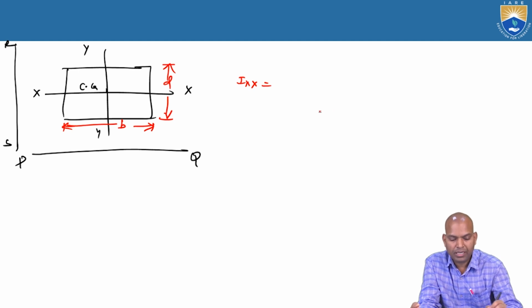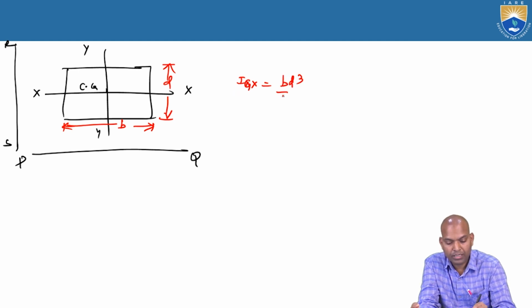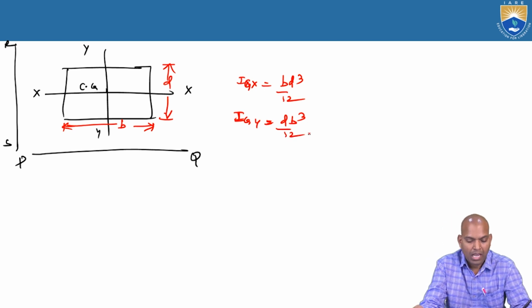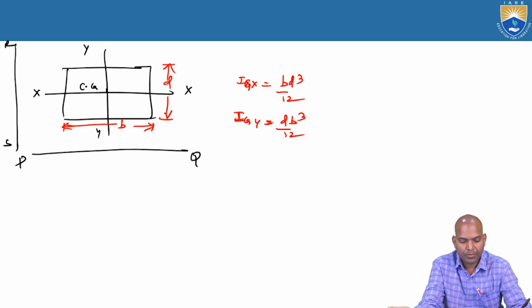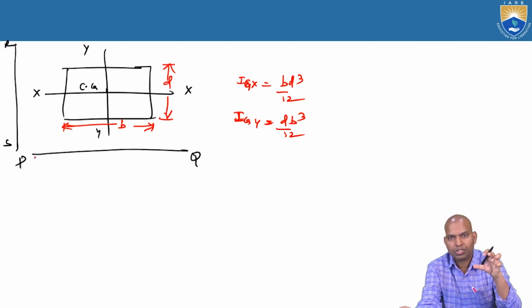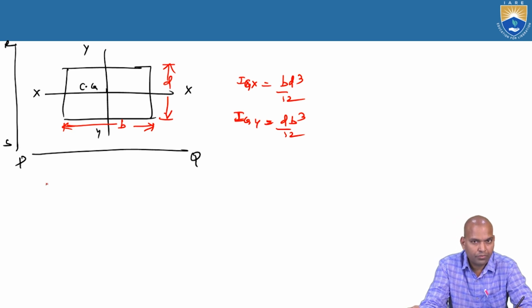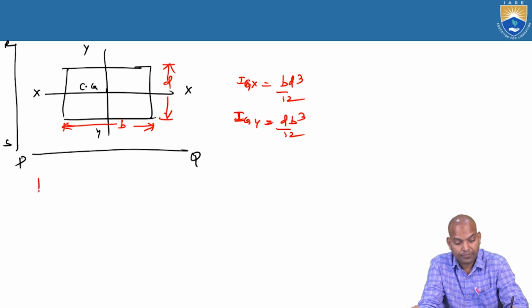This x-axis passes through the centroid, that's why I write it as Igx, that is B D cubed by 12. Now Igy is D B cubed by 12. How do we find the moment of inertia of this rectangular section about the line PQ? Then we have to go for the parallel axis theorem.